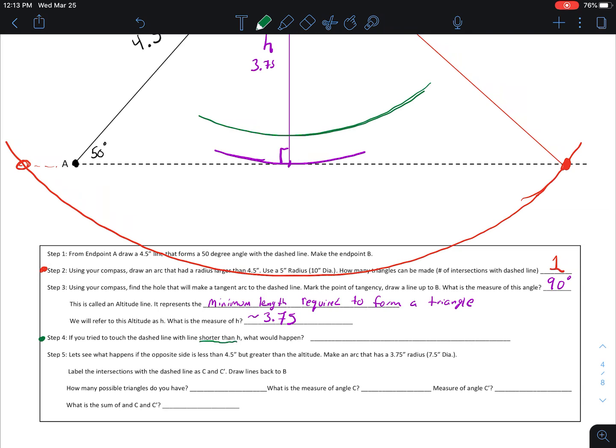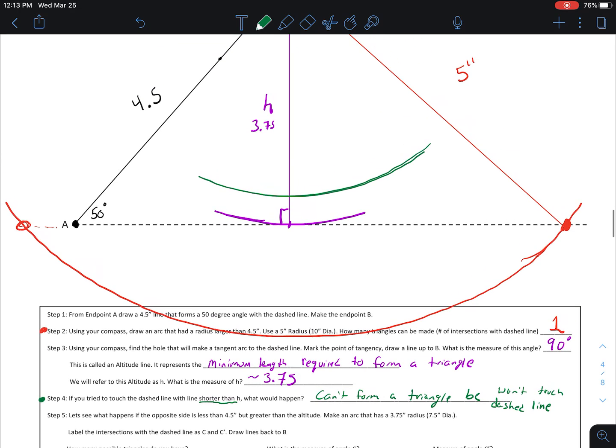So if the line was shorter than H, I can't form a triangle, because it won't touch the dashed line, which represents the third side of the triangle to close in the shape.